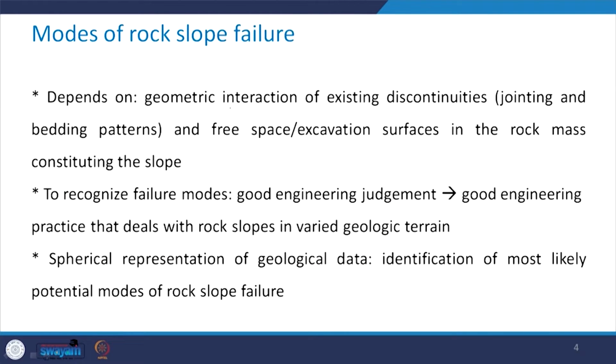Coming to the modes of rock slope failure, these modes depend on the geometric interaction of existing discontinuities. These discontinuities may be jointing or bedding patterns, and the free space or excavation surfaces in the rock mass constituting the slope.